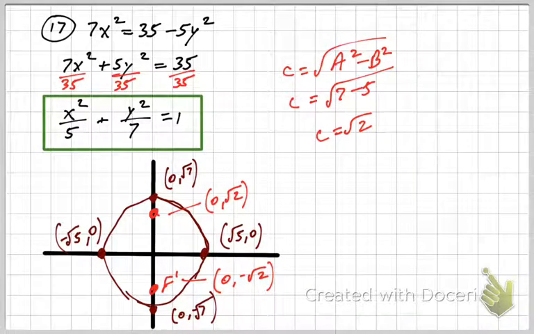Anything else up to 17? Your quiz on Friday will have approximately 6 questions. It will have one easy one, one like 25 to 35, and one completing the square.